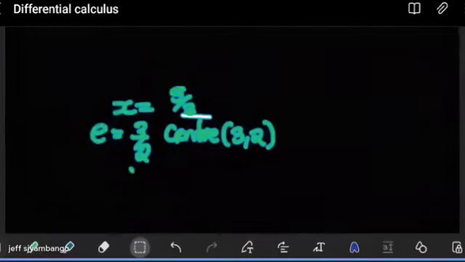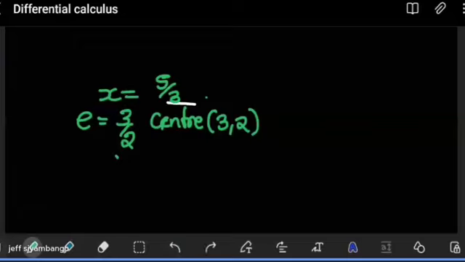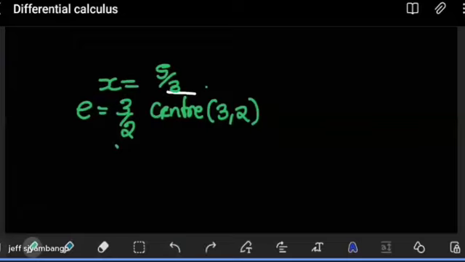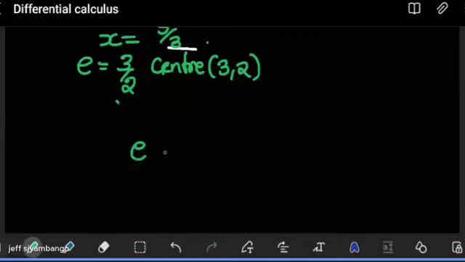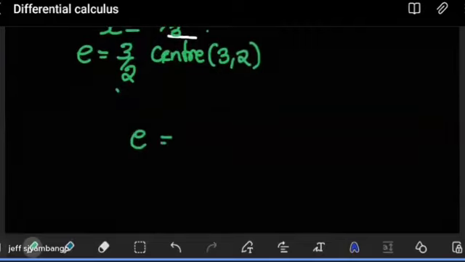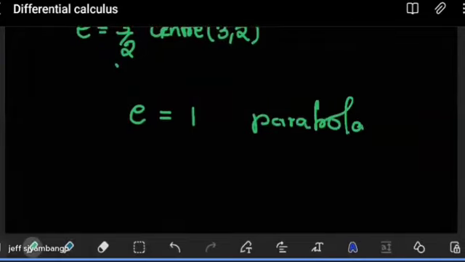So if we now try to answer this, how do we approach it? The first thing they want is the identity of the conic section. To get the identity, we use the fact that if the eccentricity is equal to 1, we're dealing with a parabola.